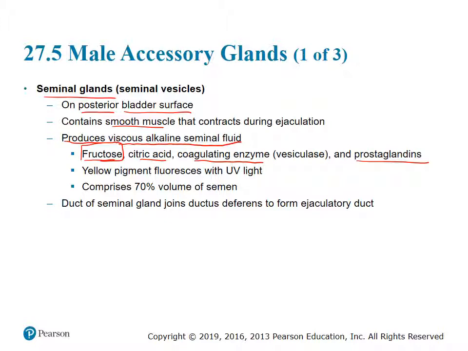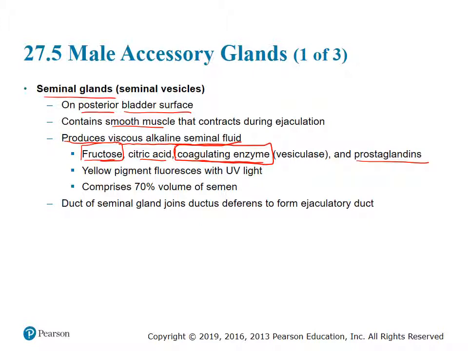I also want to point out the coagulating enzyme, right? This coagulating enzyme will cause the semen to coagulate and become sticky and stick together, and that helps to facilitate it being stuck inside the uterus.